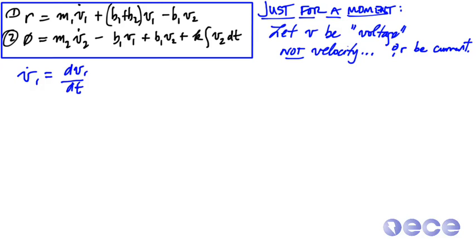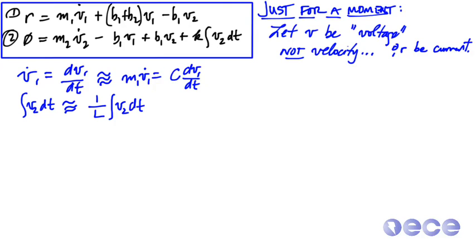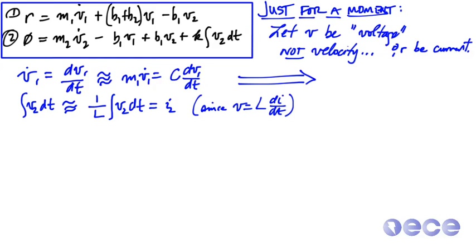So M1 times V1 dot is going to be some kind of a capacitance, C dV/dt. The integral of V2 dt is analogous to 1 over L times the integral of V2 dt, which is some current, because we know that V is L di/dt.